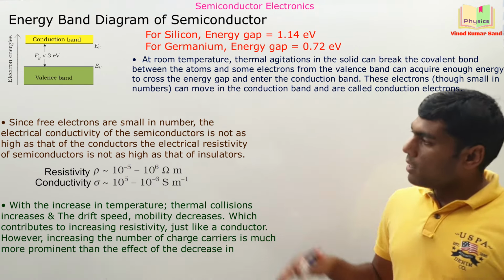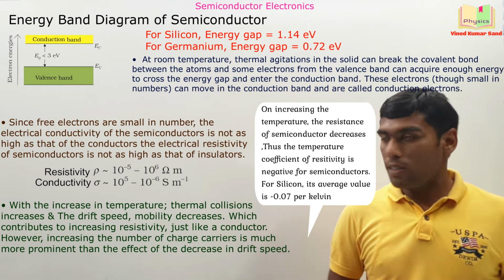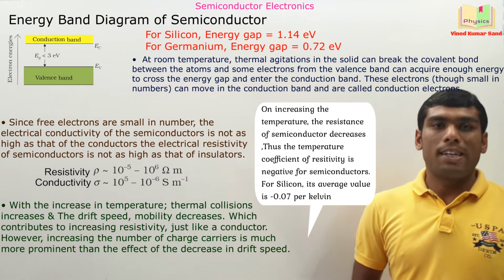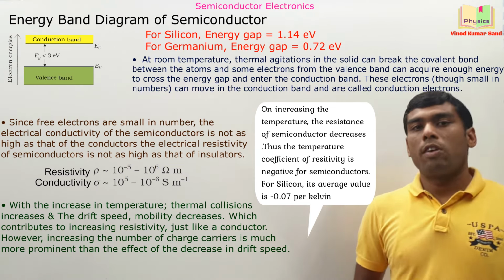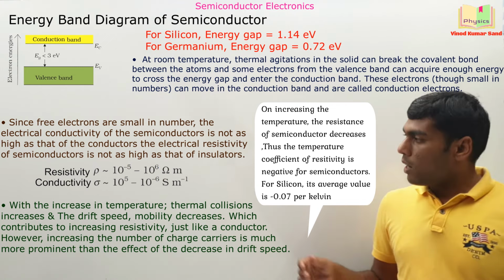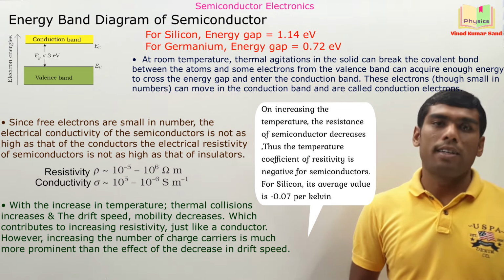Thus, on increasing the temperature, the resistance of a semiconductor decreases. Hence, the temperature coefficient of the resistivity will be negative for the semiconductor. For silicon, the average value is around minus 0.07 per Kelvin or per degree centigrade.